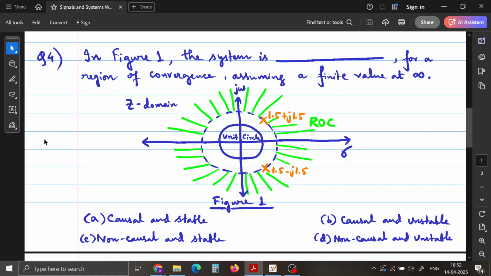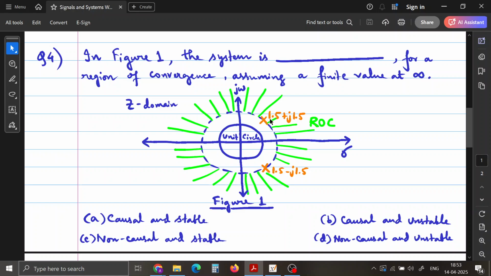Given this knowledge of the ROC, we have the region of convergence, highlighted in the green shaded region, which is lying to the exterior of this dashed circle. And we have a unit circle as well, which is the smaller circle that I have drawn, that is enclosed within the dashed circle.